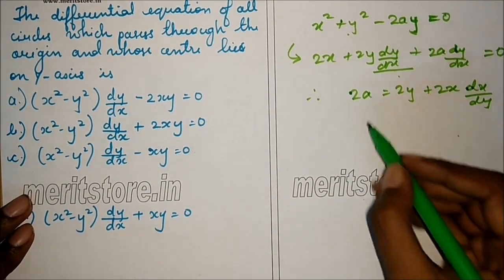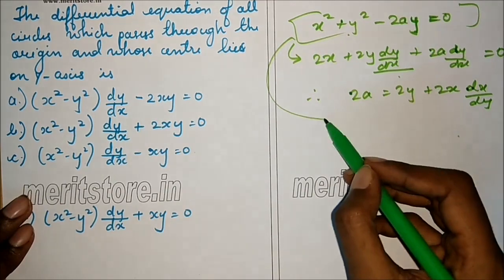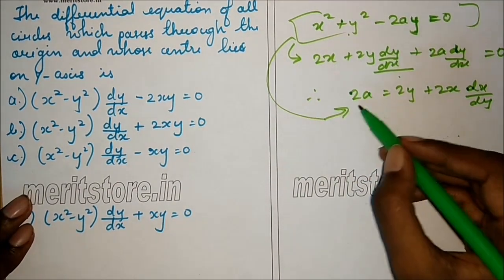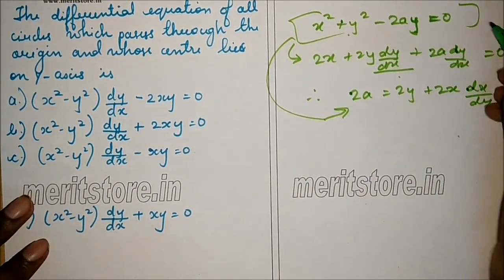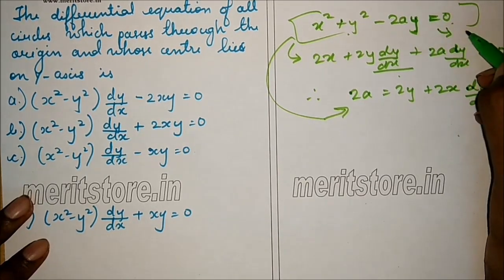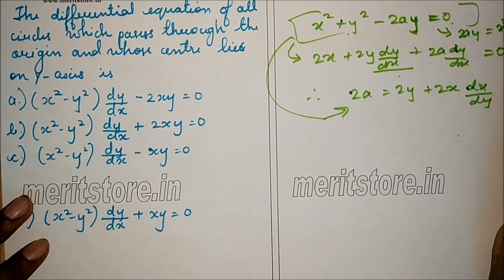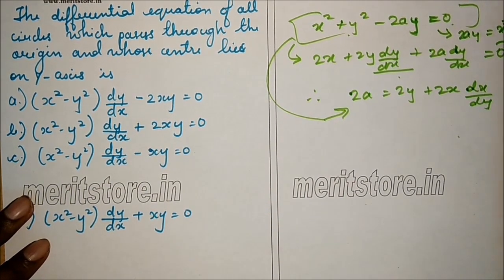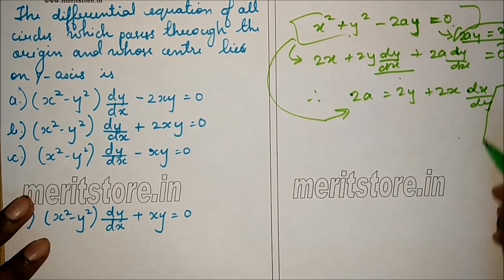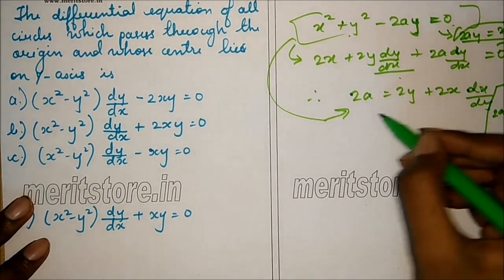From this equation we can remove 2a, that is from the circle equation we can get 2ay will be equal to x square plus y square. Therefore 2a will be equal to x square plus y square by y. So we substitute this here.